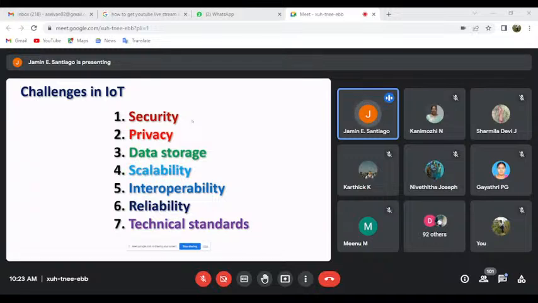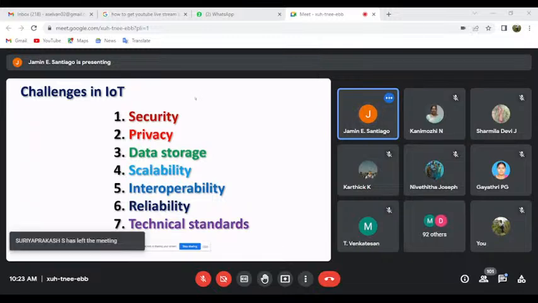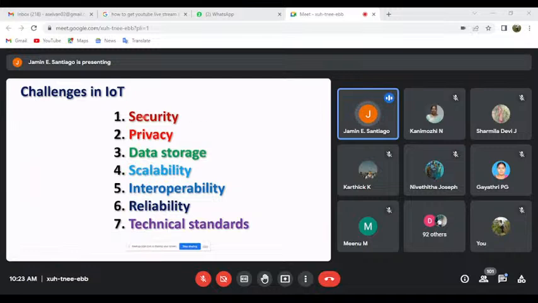I'd say it will be the biggest challenge in IoT because as you produce millions of these devices, one weak point can propagate to the other devices. So this will have to be really strengthened by the companies.